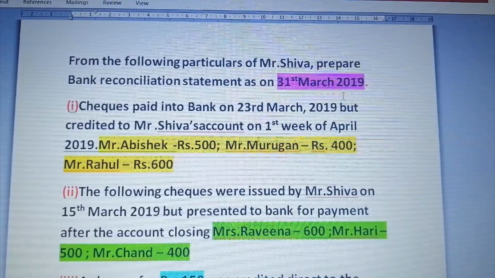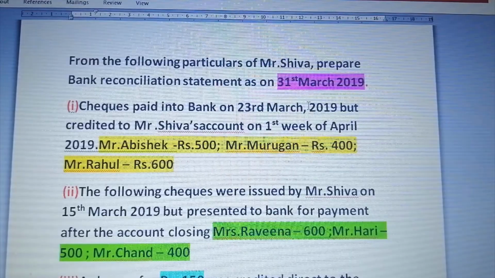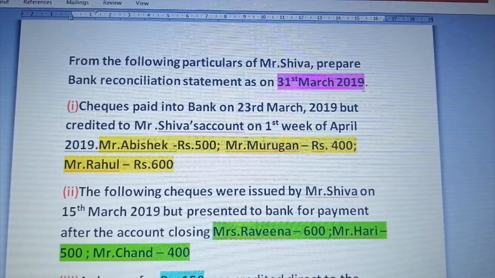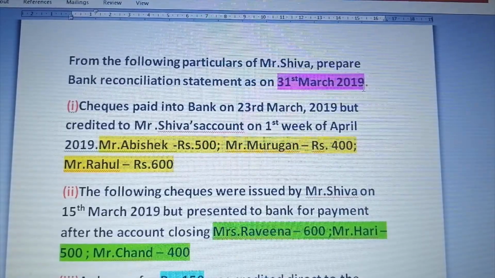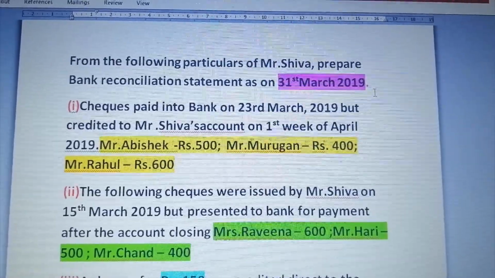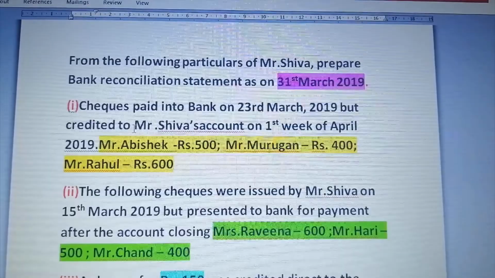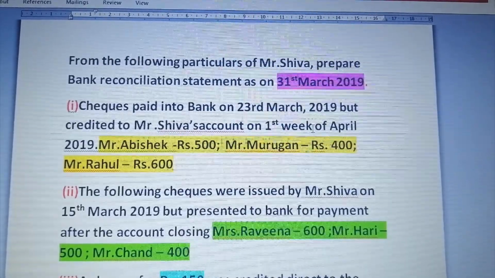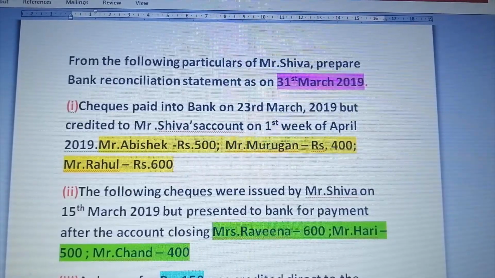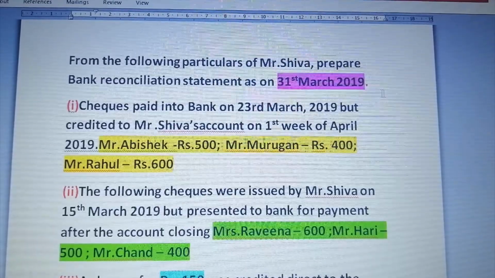Actually, in this question, we are required to prepare bank reconciliation statement as on 31st March 2019 only. That means all the transactions made till this date only we have to consider. But here what they are saying, these checks were credited into his account in the first week of April 2019. That is after the account closing date. That is after 31st March 2019 only.